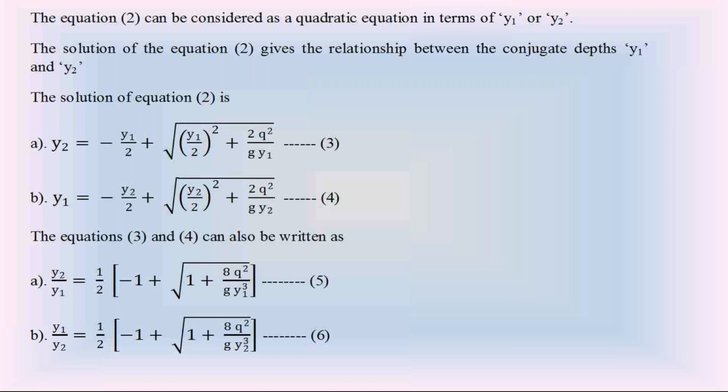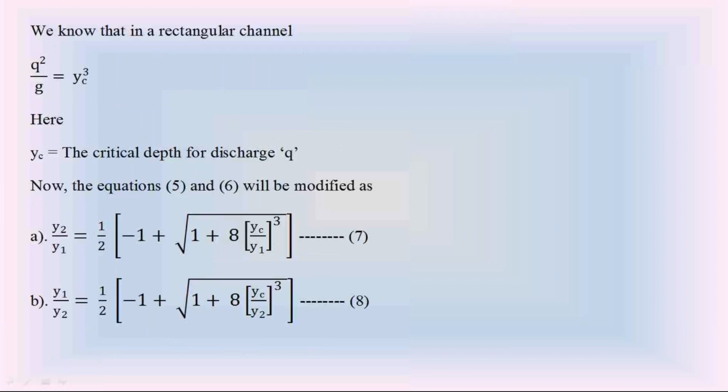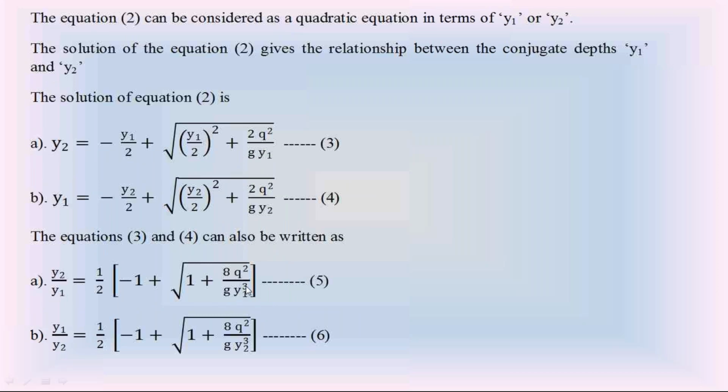Substitute that q square by z as yc cube in equations 5 and 6 on the right hand side. This is the critical depth in a rectangular channel: q square by z is equal to yc cube. So equation 5 becomes y2 by y1 is equal to half into minus 1 plus root of 1 plus 8 yc by y1 whole cube, because we have y1 cube in the denominator and q square by z is yc cube.